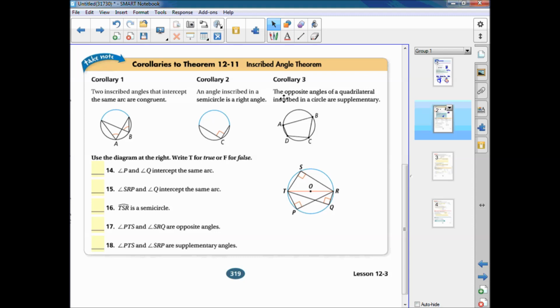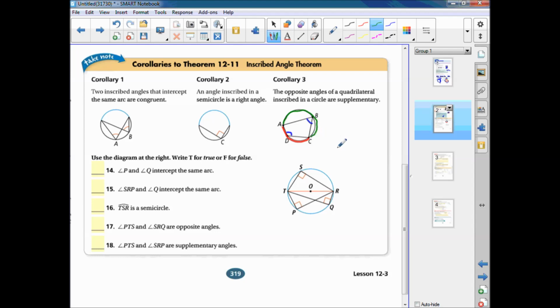Okay, so let's think about that one for a second. If I look at angle D and angle B, angle B uses up this much of the circle for that arc, so it's going to be half as much as that. And angle D is going to be with this arc here.